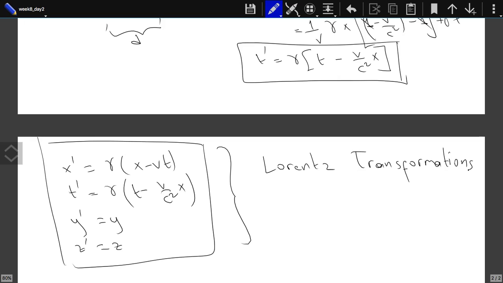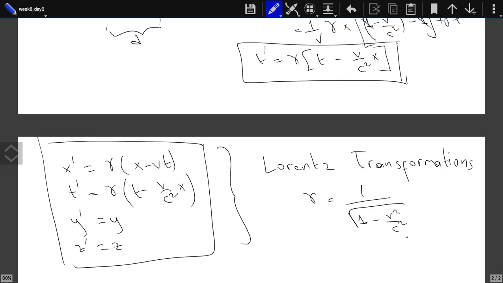You see, in the Galilean relativity case, it's just this gamma factor is 1. And in the limit of c going to infinity, we just recover our Galilean transformations. Because in the Galilean transformations, x prime would be just x minus vt, t prime is just t, and y prime is y, z prime is z. And keep in mind that gamma is equal to 1 over square root of 1 minus v squared over c squared.